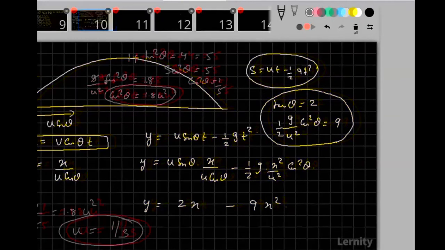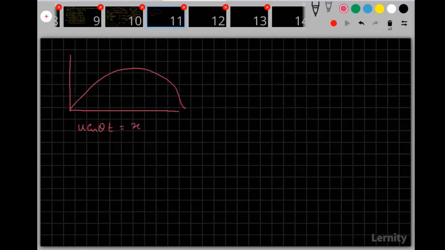u cos theta t is equal to x. Then y is equal to u sin theta t minus half g t squared. So from there I'll get y is equal to u sin theta into x by u cos theta, since t is x by u cos theta, right?